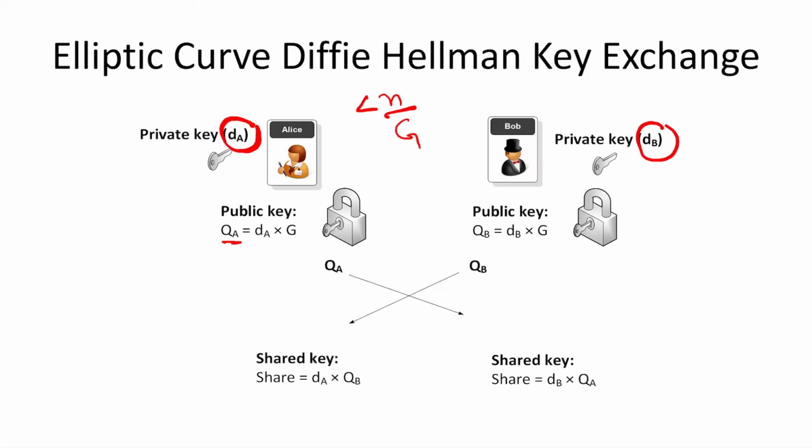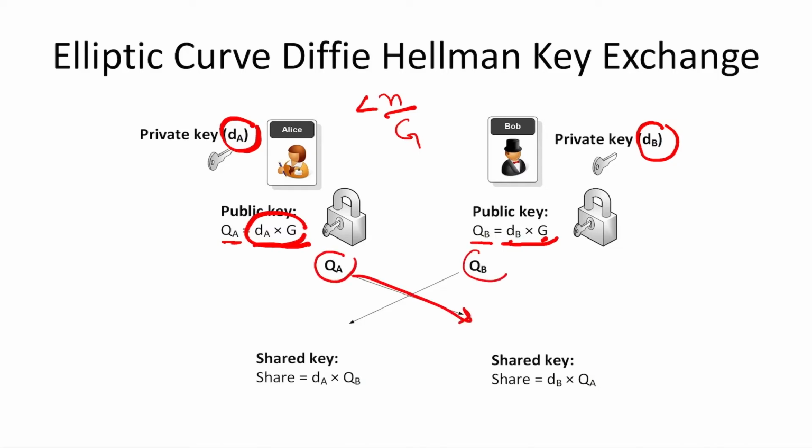So Alice will compute QA as their public key by doing dA times G, and Bob will compute QB, which is their public key, using dB times G. So these computations will be done by converting this multiplication problem into a point addition problem. So essentially, Alice is going to add the G point dA times, and Bob is going to add the G point dB times.